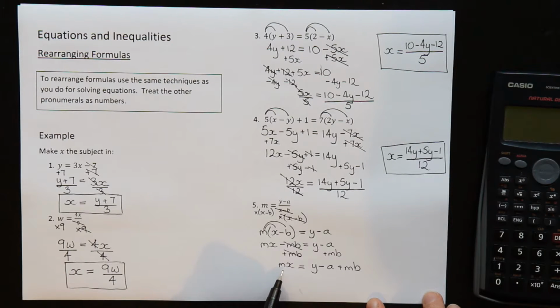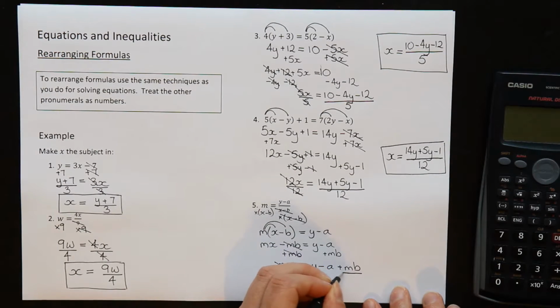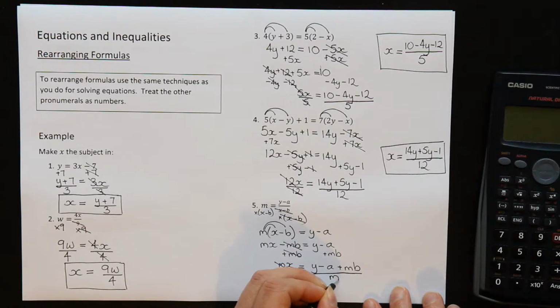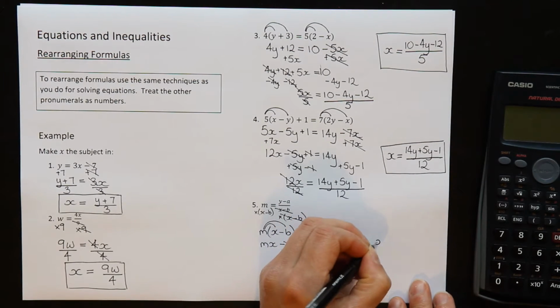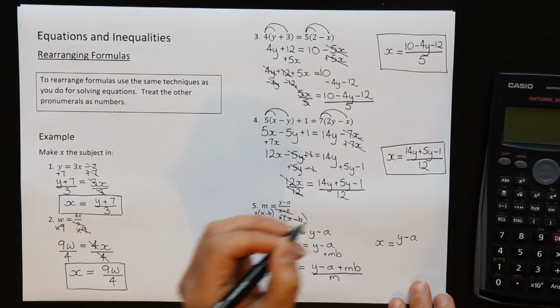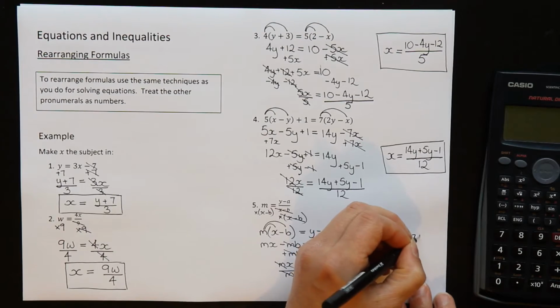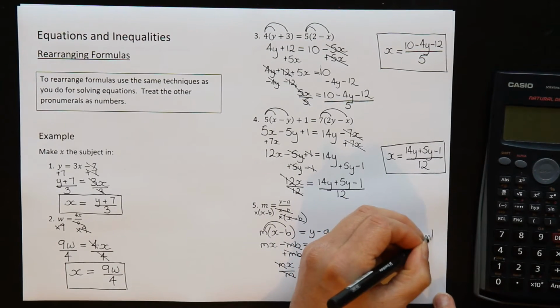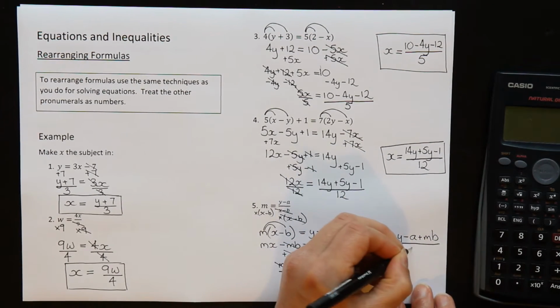Now there is an m in front of my x, so to get rid of it, divide by m, which means all of this has to go over m. You can't cancel that because you'd have to be able to divide everything by m in order to cancel. So my answer is x equals (y minus a plus mb) all over m.